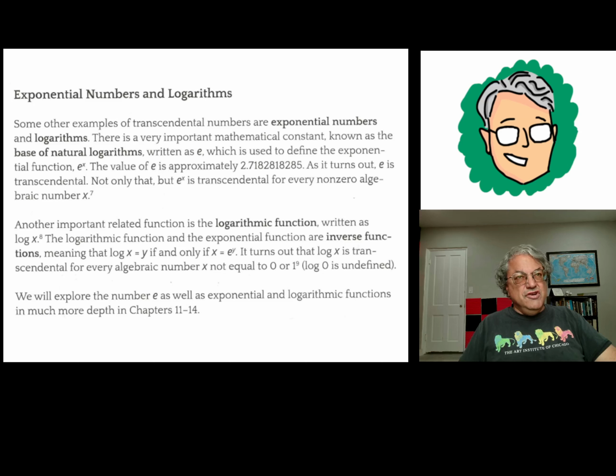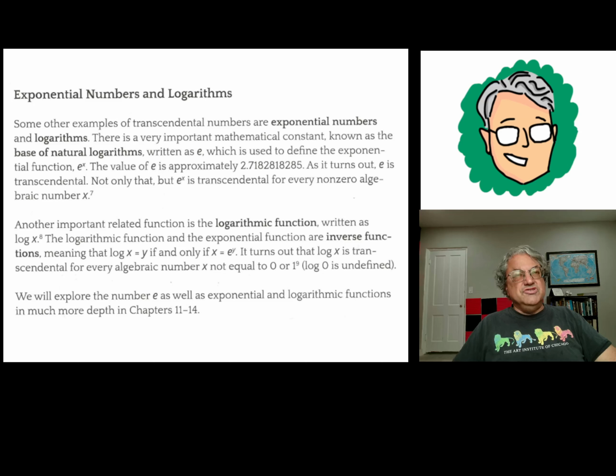Well, the same is true of algebraic numbers. Even though there are a lot more algebraic numbers than rational numbers, there are still a lot more real numbers, or irrational numbers, the transcendental ones that aren't algebraic, versus the ones that are. So it shouldn't be a surprise that e is a transcendental number like pi.